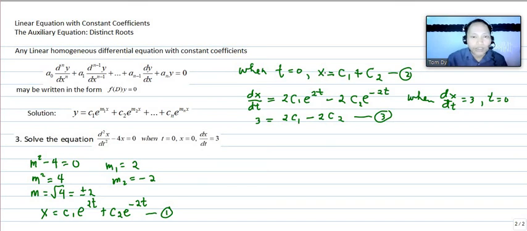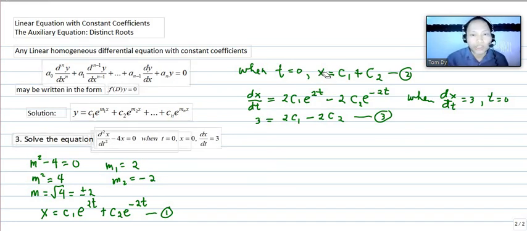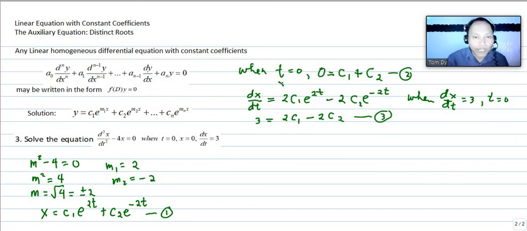By the way, when t equals 0, x is also 0, which is given in our condition, so instead of writing x, we have here 0. Now we have to combine equation 2 and 3.